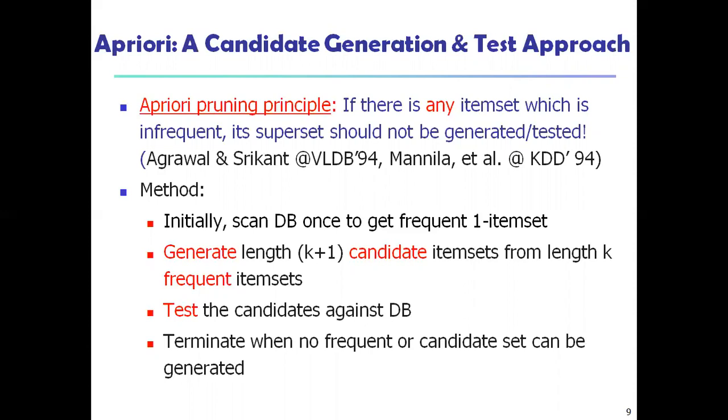So one scan is over. From that scan, you have to find out how many item sets can be combined together. It's an iterative process. Then test the candidates against the database. You check whether these sets are in the database, and terminate when no frequent or candidate set can be generated. Once the entire database has been scanned from top to bottom, if there are no more item sets in the database, then you terminate your scan.